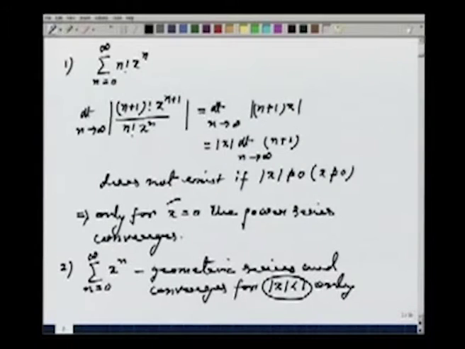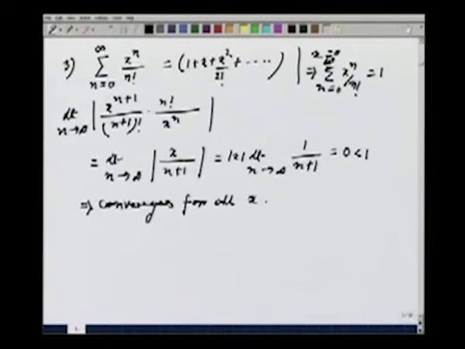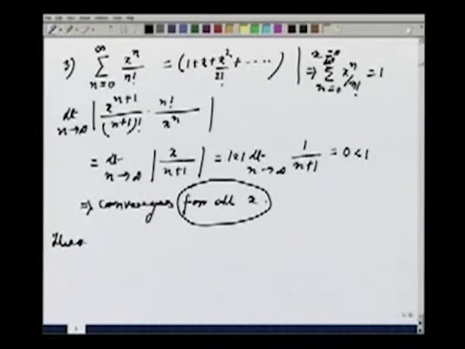The other case is x equal to 0, where it can happen that it converges only at a point and nowhere else. In the third case, I got that it converges for all x. So except for a point, it is always an interval. So let's go to the next theorem, which will explain why such a thing is happening. That means if convergence happens at non-zero points, it is always happening in some interval.